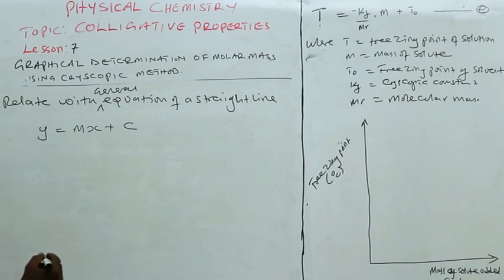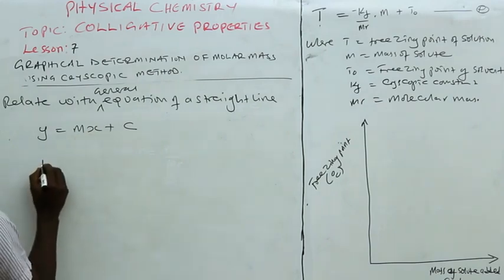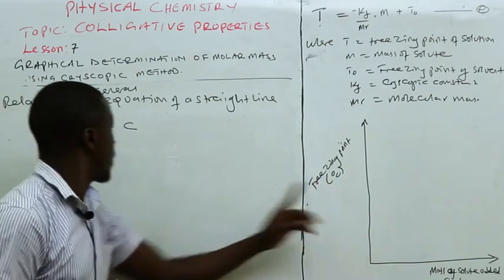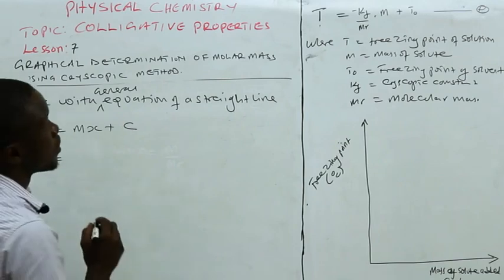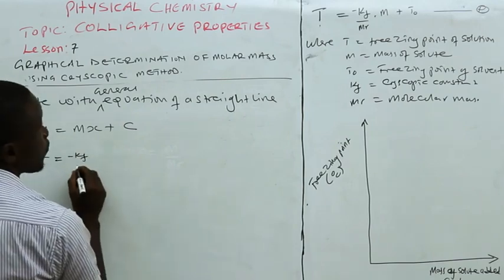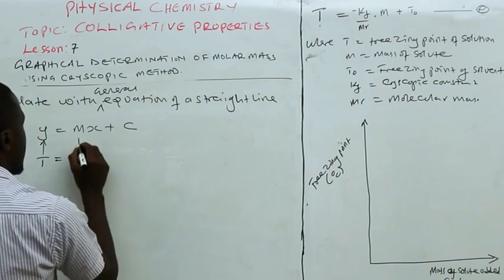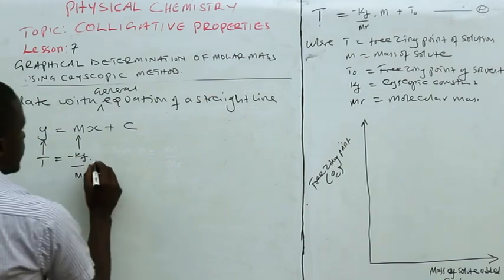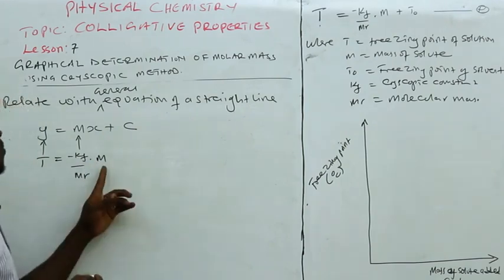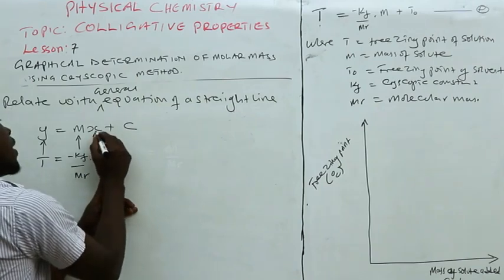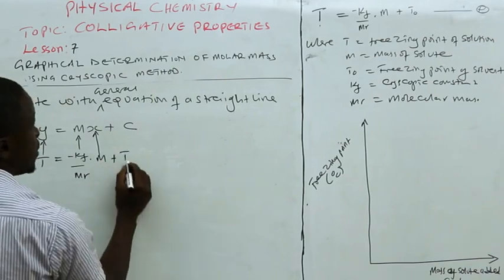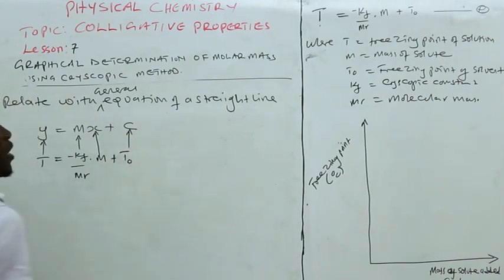So we could now see that if I brought in my T as the y-axis, this one should be equal to negative Kf over molecular mass. My gradient is negative Kf over molecular mass times m. M, the mass, is the variable on the x-axis, and then plus T naught, which is the intercept on the y-axis.